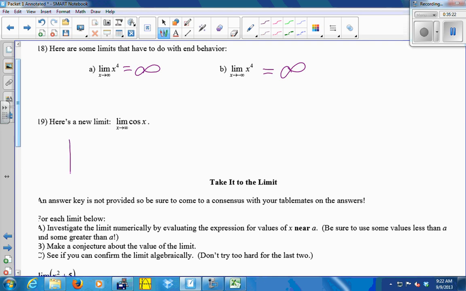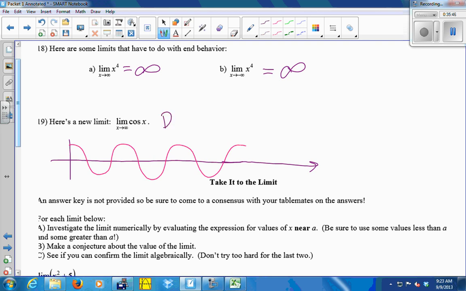Cosine x looks like this, etc. So as my x values get bigger and bigger, my cosine value never settles down anywhere. It just keeps oscillating around 0. So we say that this limit doesn't exist. It never settles down at one particular value.